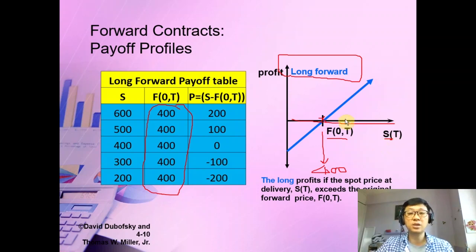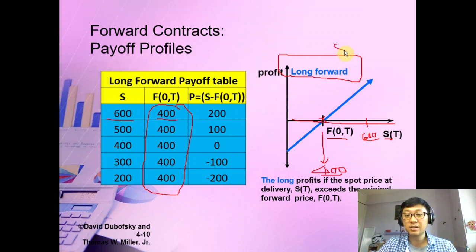So how do we plot this graph? We vary the market price, because the market price can go up and down. For example, the current market price goes up to 600. So this is 600, this is 400. How do you calculate the long forward?